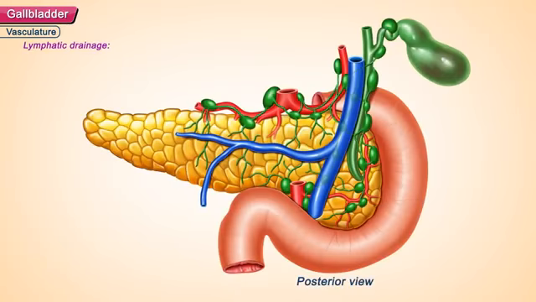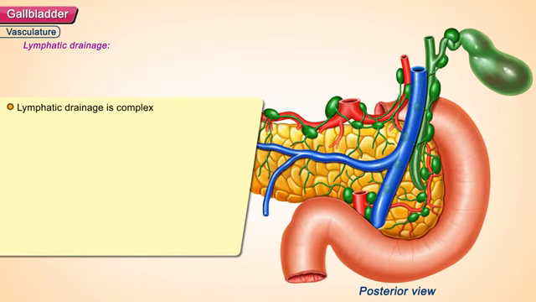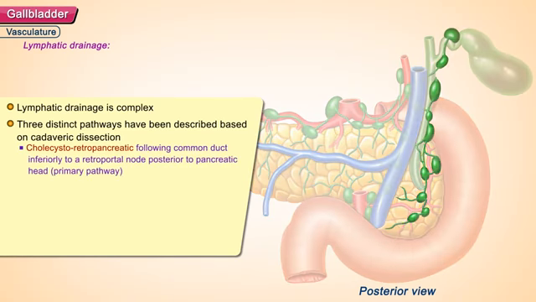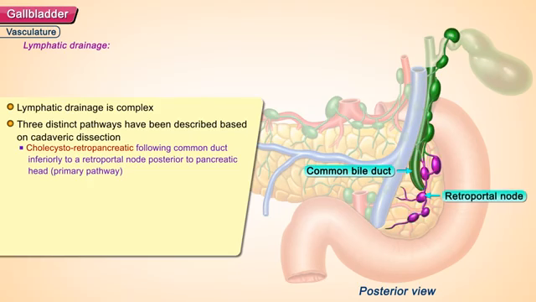Lymphatic drainage. Gallbladder lymphatic drainage is complex. 3 distinct pathways have been described based on cadaveric dissection. Cholecysto-retropancreatic, following the common duct inferiorly to a retroportal node posterior to the pancreatic head, is the primary pathway.